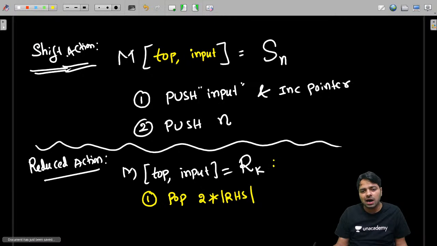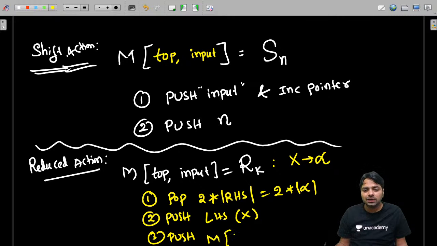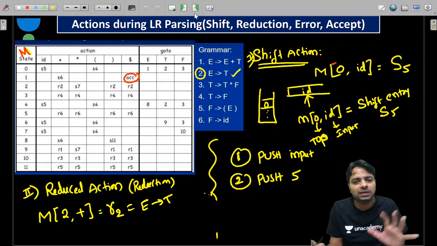It's just like Rk, nothing but X derives alpha, so this is 2 times alpha. Second, push LHS, that is nothing but X. Third, push: you need to go to the table and look at the entry below X, comma X. That symbol you have to push, and this is really important, and you can't remember it if you don't look at the algorithm. So let's look at the process of the algorithm, then it's easy for you.